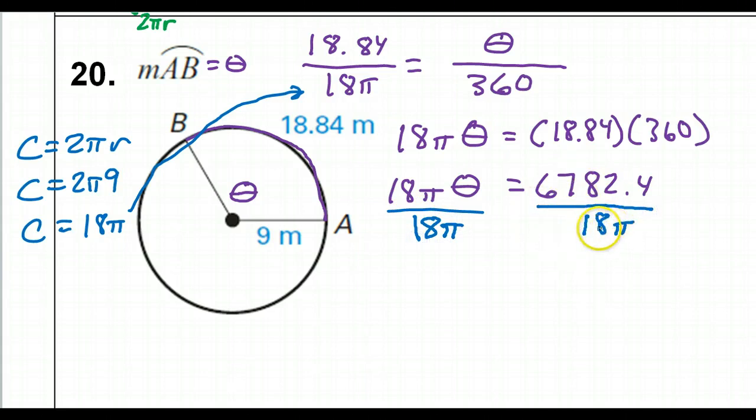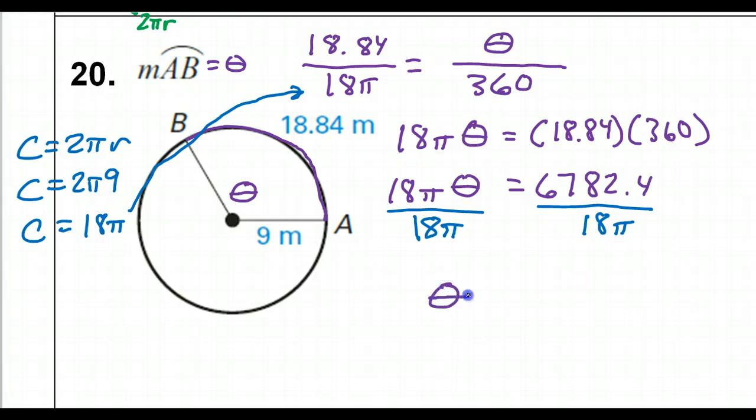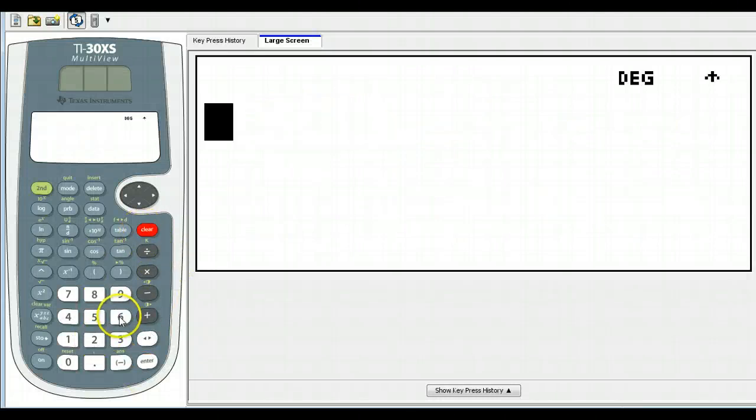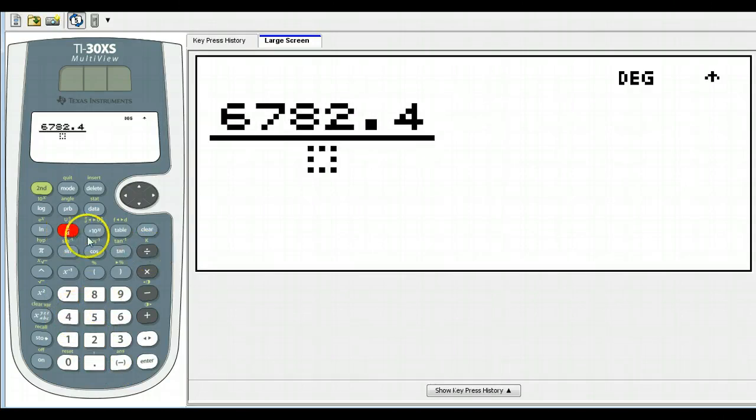Now, just be careful about how you type this into the calculator. That's all we're going to do. So theta equals, these will cancel each other out, so we're just typing this into the calculator. We will have 6,782.4. What I like to do is go into fraction mode when I do this.